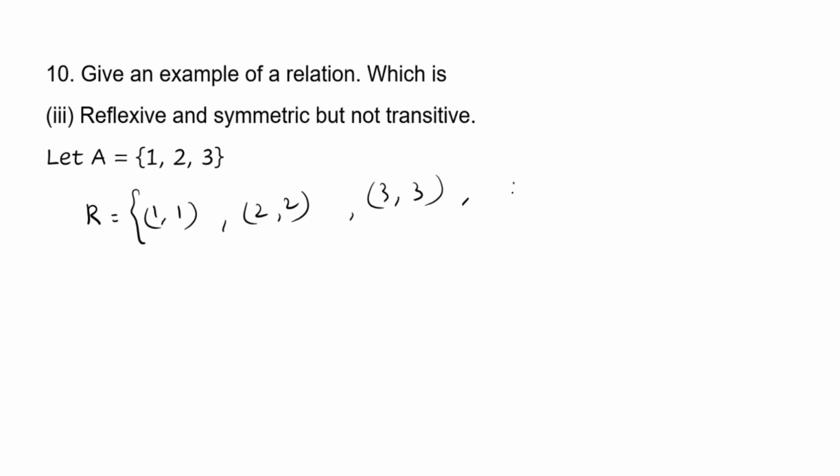So if we have (1, 2), (2, 1) and (1, 3) and (3, 1), then we say R is reflexive and symmetric but it is not transitive.